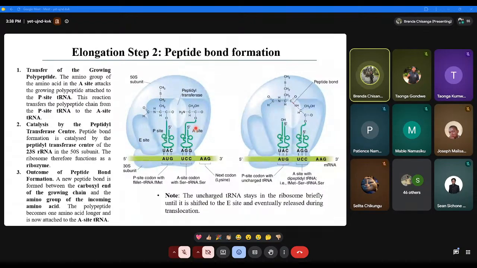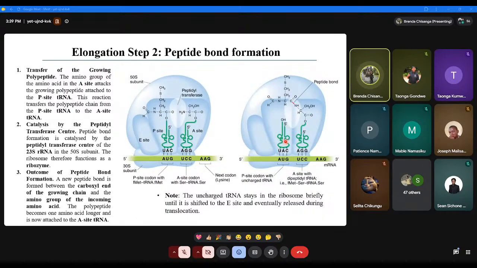So what normally happens is that the amino acid in the P site is released to form a peptide bond with the amino acid in the A site. Normally the amino acid in the A site utilizes its amino end to attack the carboxyl end of the amino acid in the P site. And this amino acid is released from the P site completely to the amino acid in the A site.